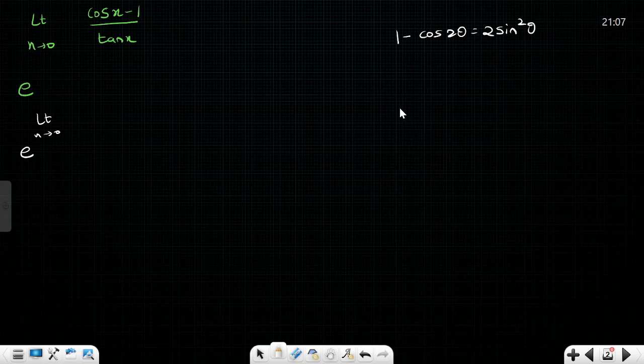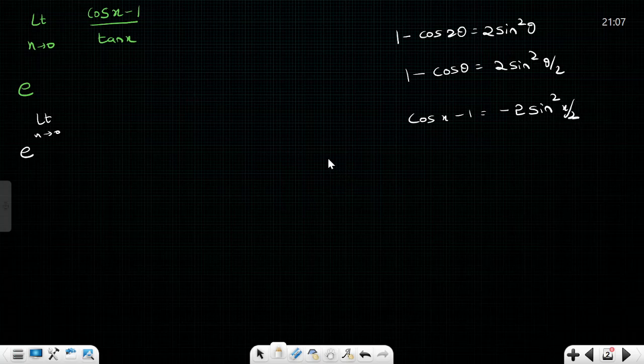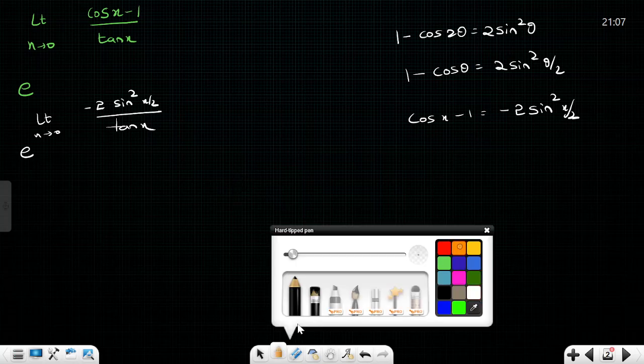So similarly 1 minus cos theta can be written as 2 sin square theta by 2. So cos x minus 1 can be written as minus 2 sin square x by 2. Clear? So that's nothing but minus 2 sin square x by 2 by tan x. Am I right? Any doubt in this? No, sir.